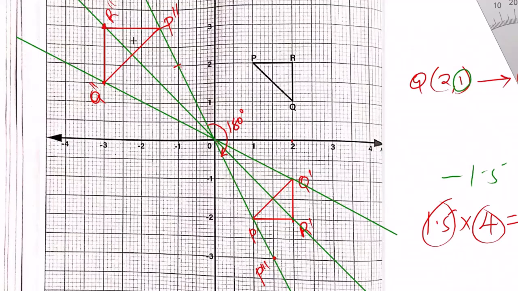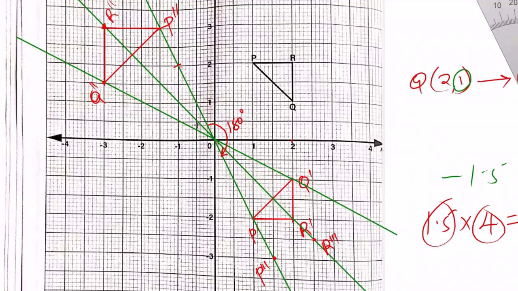Now let's go to R double prime to the center along that straight line. There are 6 squares. So from the center, you count 6 squares again: 1, 2, 3, 4, 5, 6. So it will be here. This will be R triple prime.